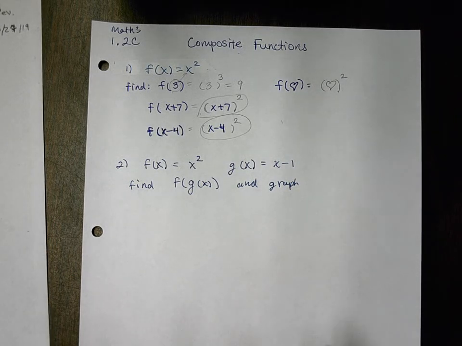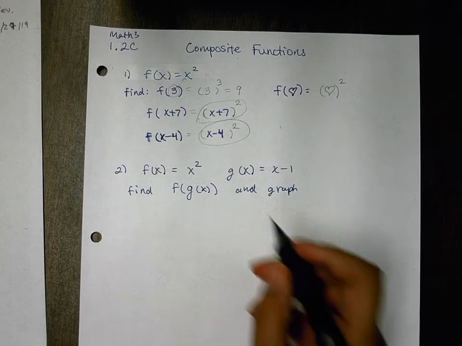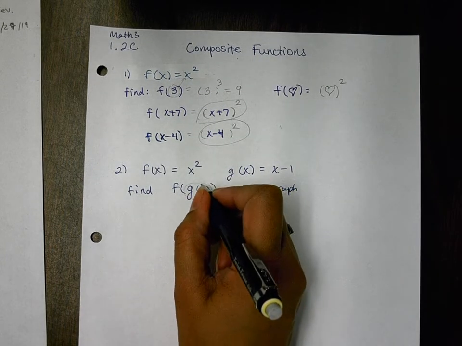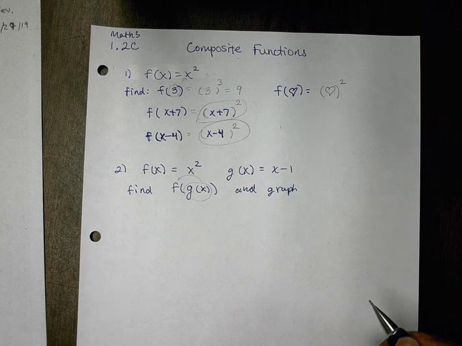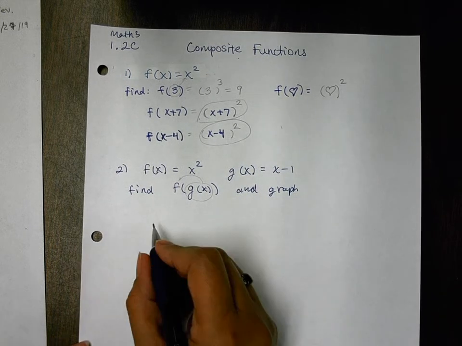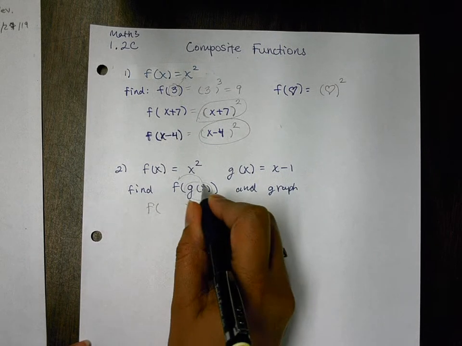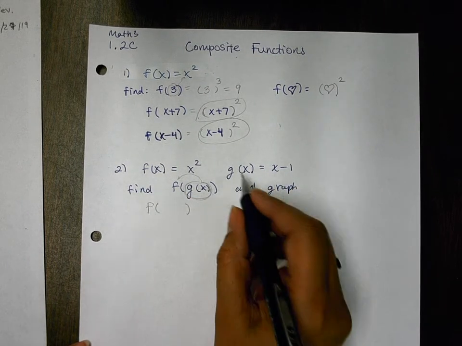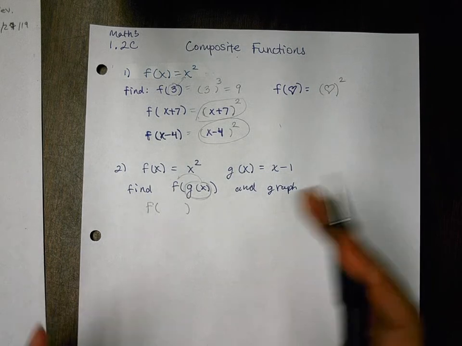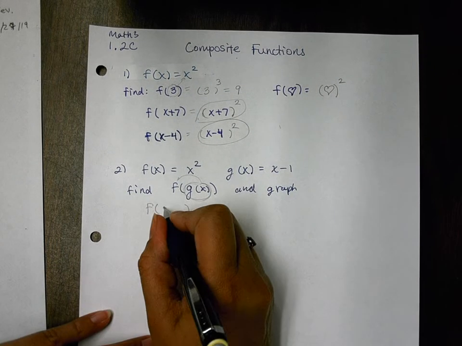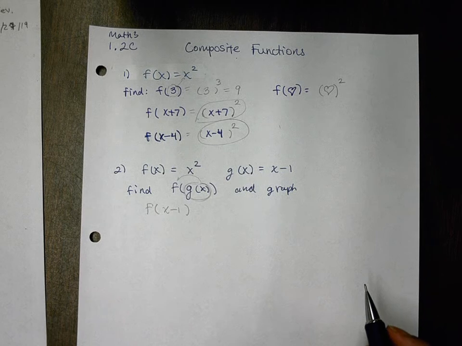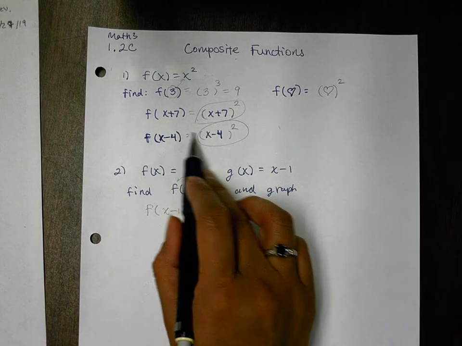This is where the composition takes place. We're taking one function and plugging it into the other. So f of g of x. Well, what is g of x? They have different names. What is g of x? x minus 1. Now it looks just like these up here did.